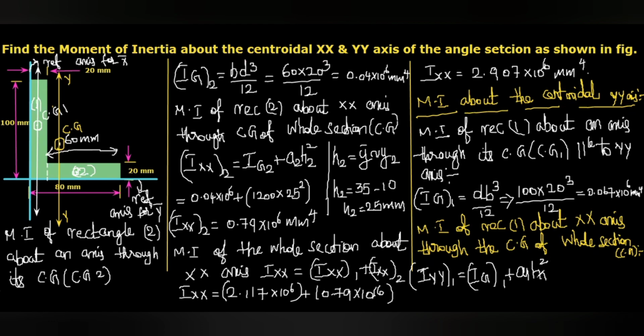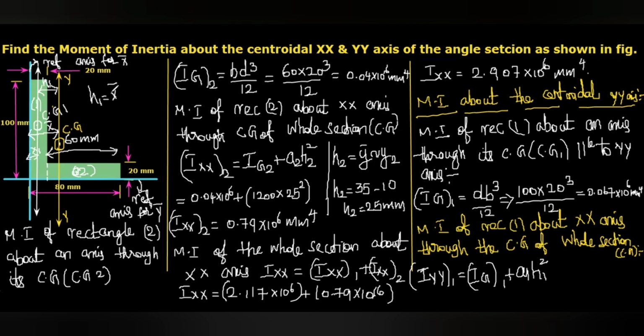Here this H1 is different from the previous one. Actually, here H1 is the perpendicular distance between these two parallel axes. We know that this is the reference axis, the leftmost line. From here to here, that is X bar. From here to here, that is X1. So this distance H1 will be X bar minus X1.